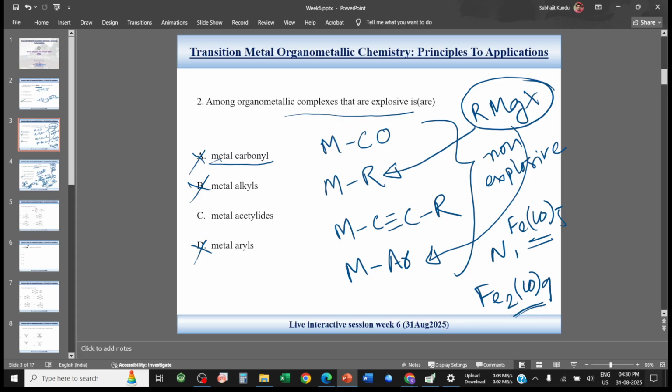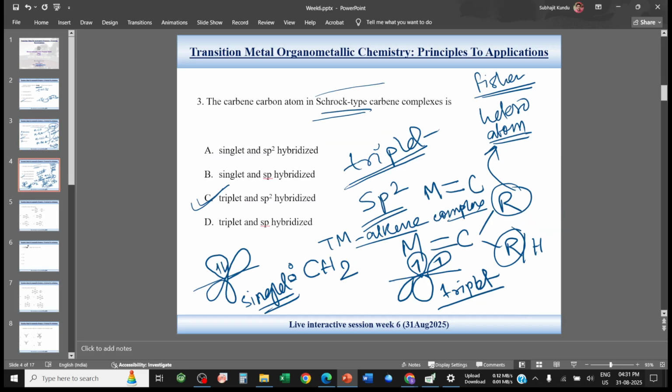The remaining one is the acetylide. Not all acetylides, but some metal acetylide complexes are explosive in nature. By eliminating options this way, you can get the correct answer. Question 3 I have already discussed.